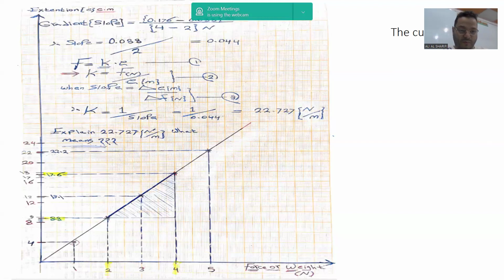It's a condition, it's important, that I cannot select the irregular point to determine my slope. I selected these 2 points, or you can select others, it doesn't matter. 17.6 minus 8.8 divided by 4 minus 2. I have 0.044 as the slope.